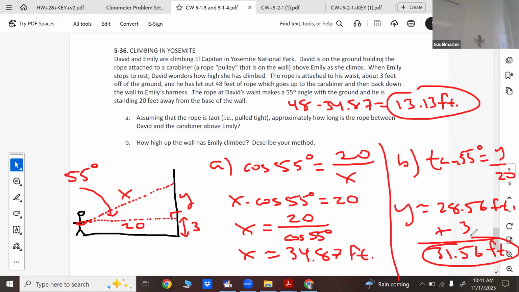It means you're creating a pulley system in a way. So essentially it's confusing. They're asking for this distance. Just don't overthink it. I'm not going to ask that on a test. It's just too confusing.